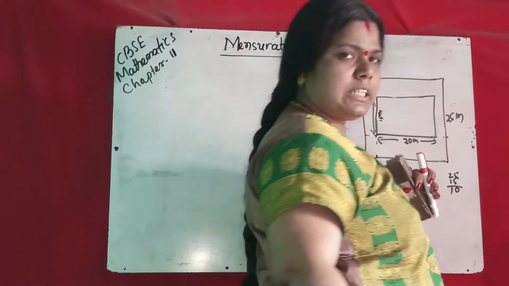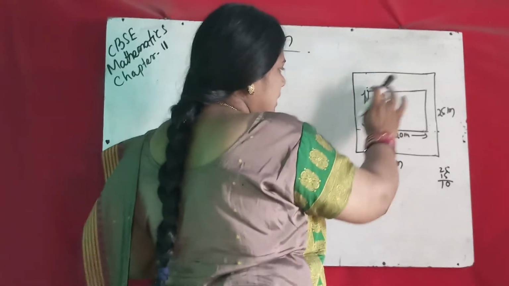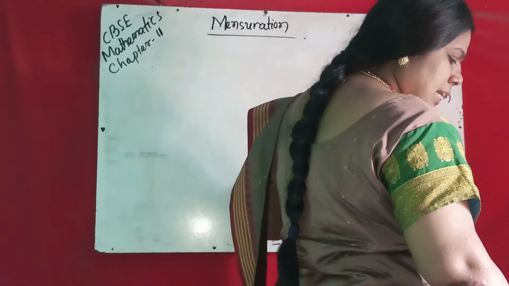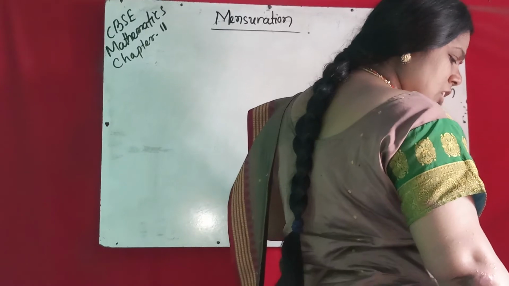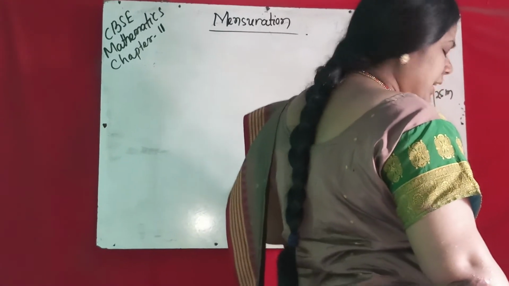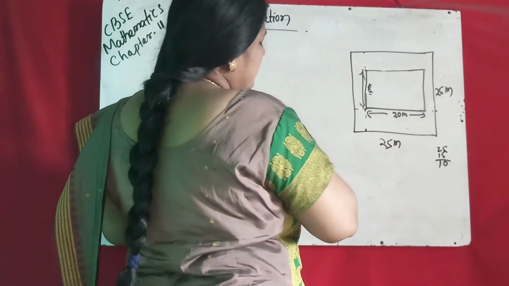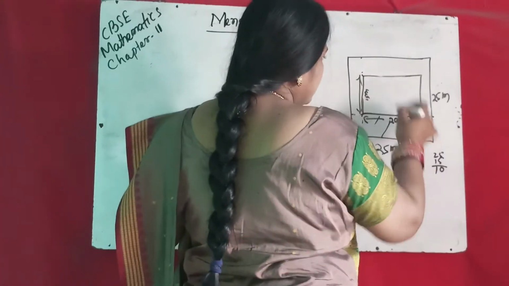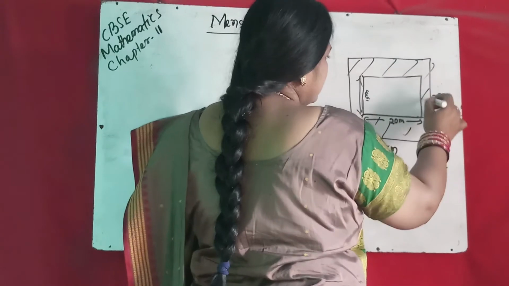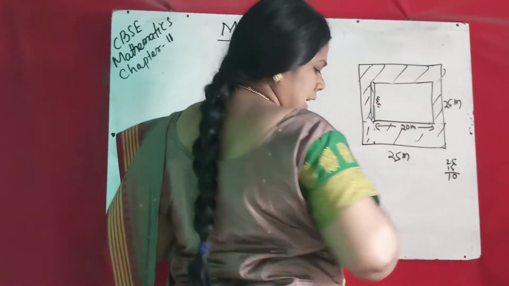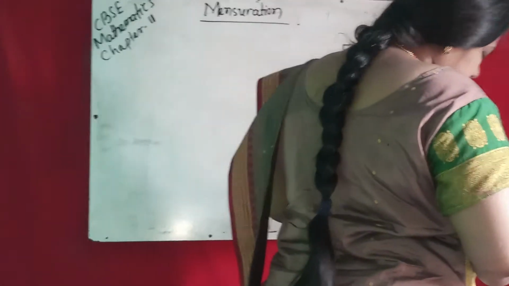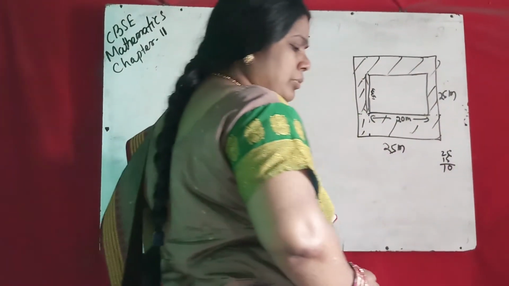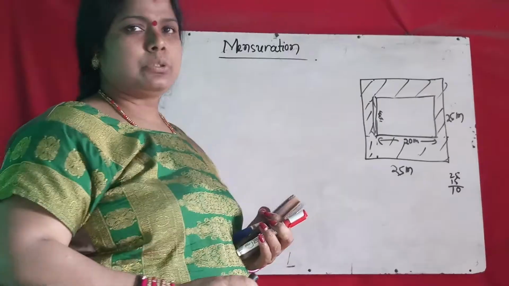And a garden is developed around the house. So this is the house, it is in a square plot, and this remaining area is the garden. Then find the total cost of developing the garden around the house at the rate of 55 per meter square.